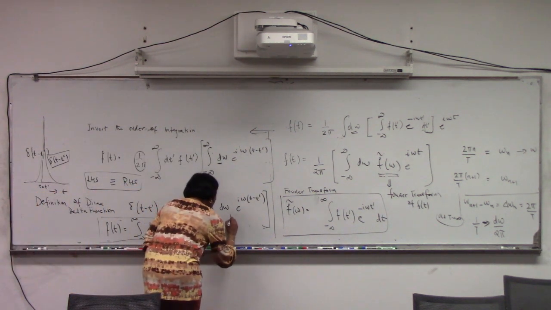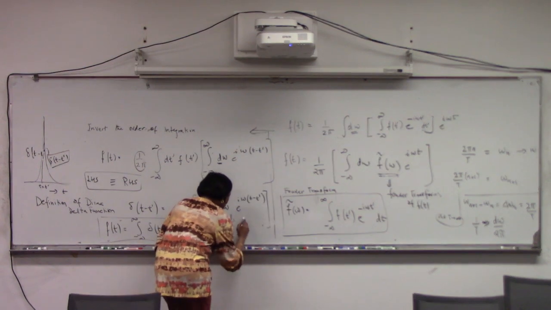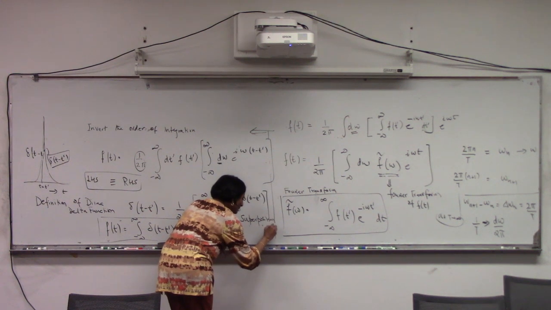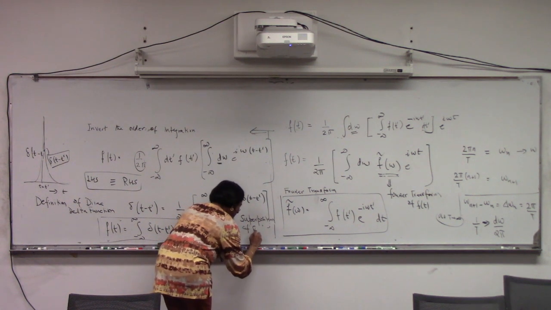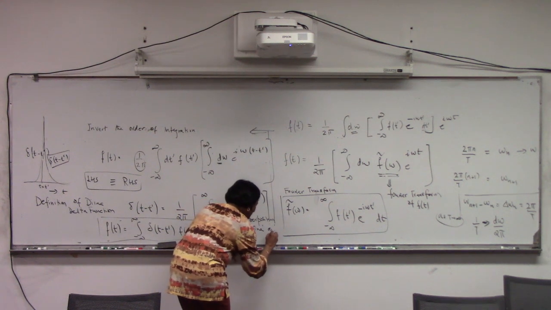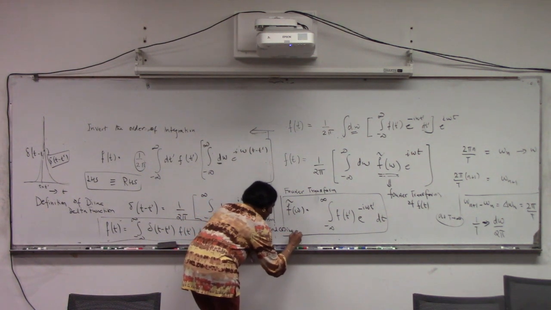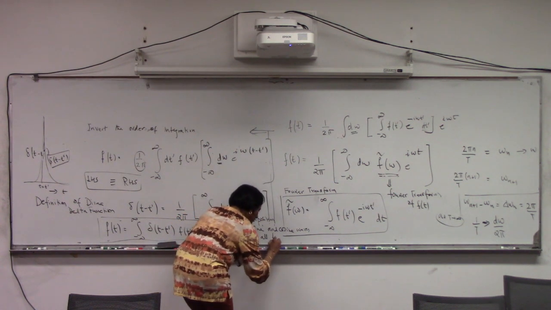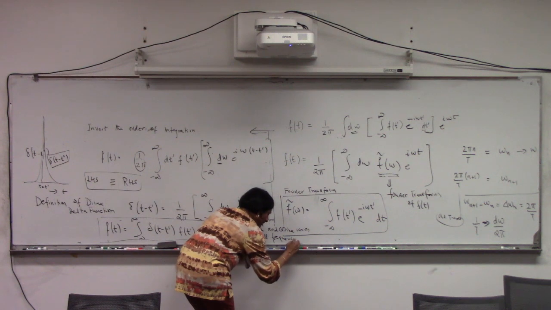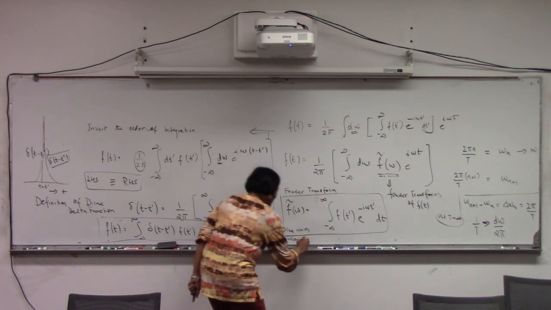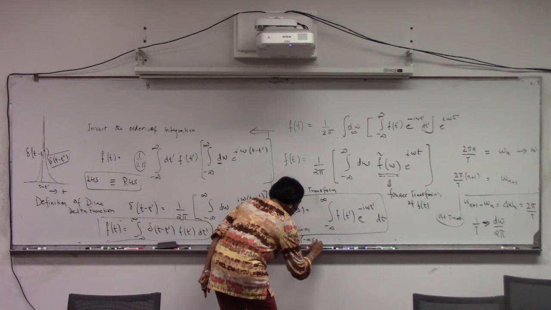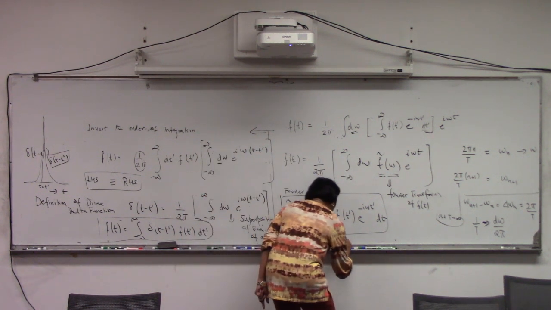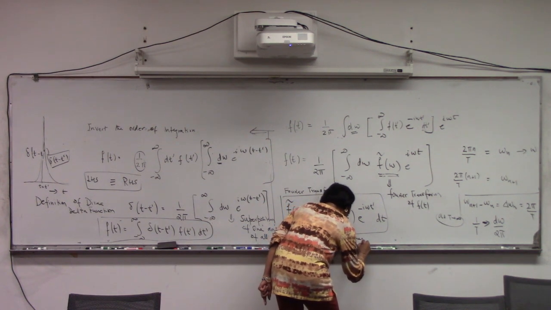The meaning of this is nothing but that the Dirac delta function is a superposition of sine and cosine waves, or harmonic waves, of all frequencies, from minus infinity to plus infinity in omega.